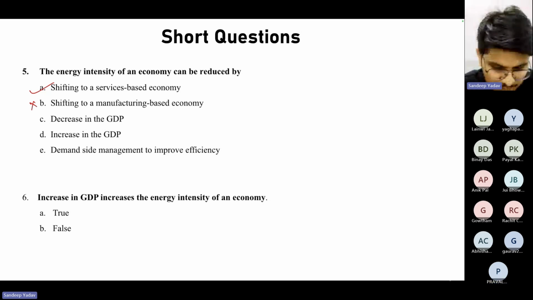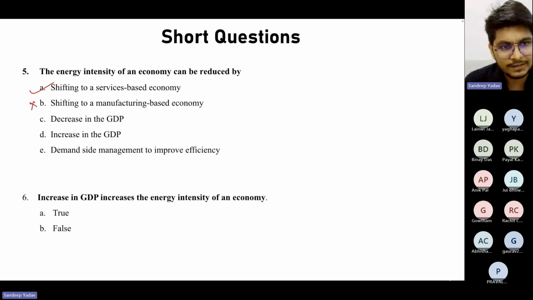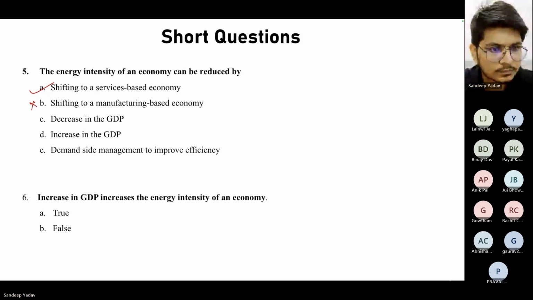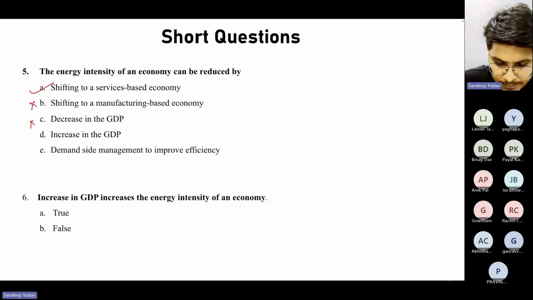Decreasing the GDP? Sorry, if you decrease the GDP, we can increase the intensity. No, increasing the GDP will increase the intensity.